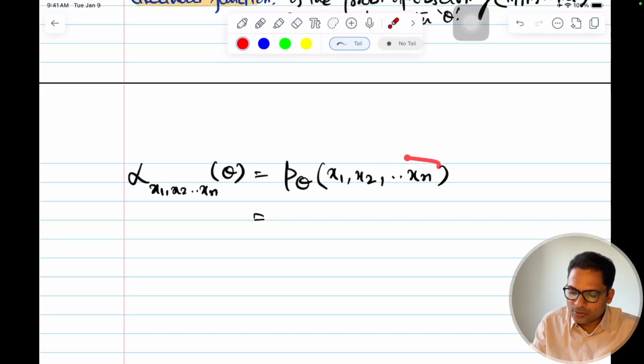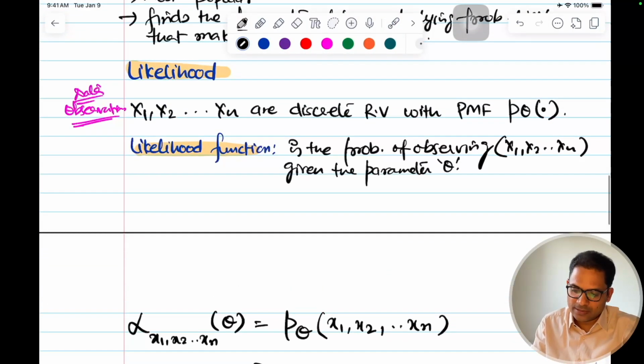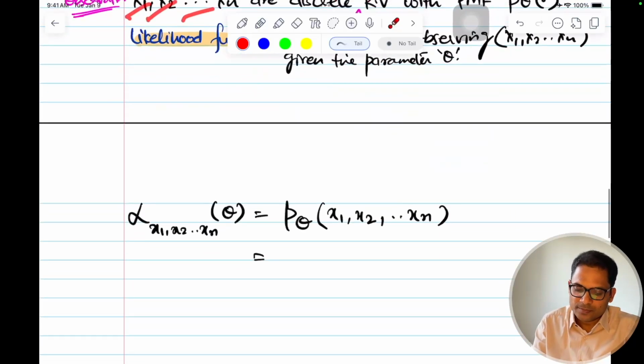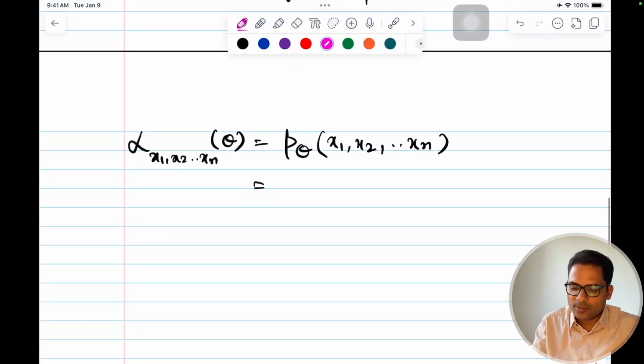This is my joint probability, and I missed an important term here: IID, that is independent and identically distributed. Identically distributed is coming from this PMF. Independent means all these observations are independent. So the joint probability will be the product of all the probabilities.